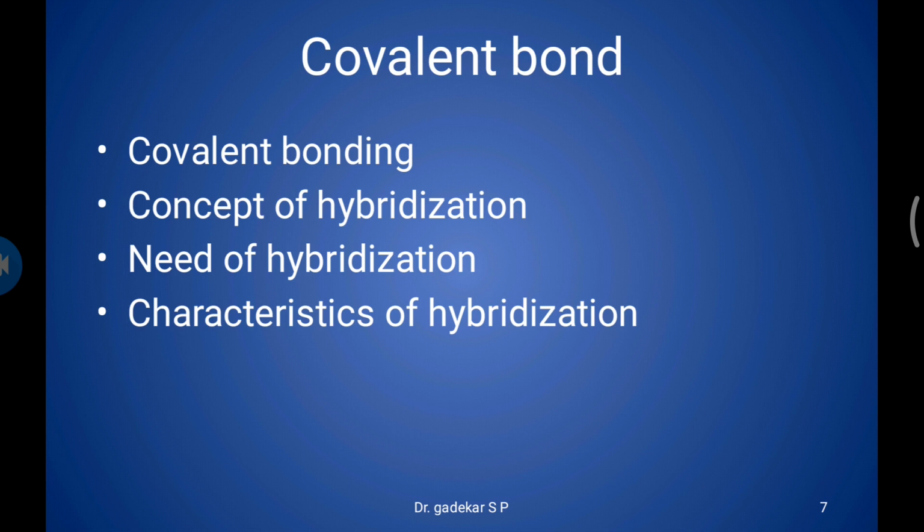The need for hybridization: why do we need hybridization? Also the characteristics of hybridization. There are different types of hybridization, sp, sp2, sp3, etc. We discuss these in the next lecture.